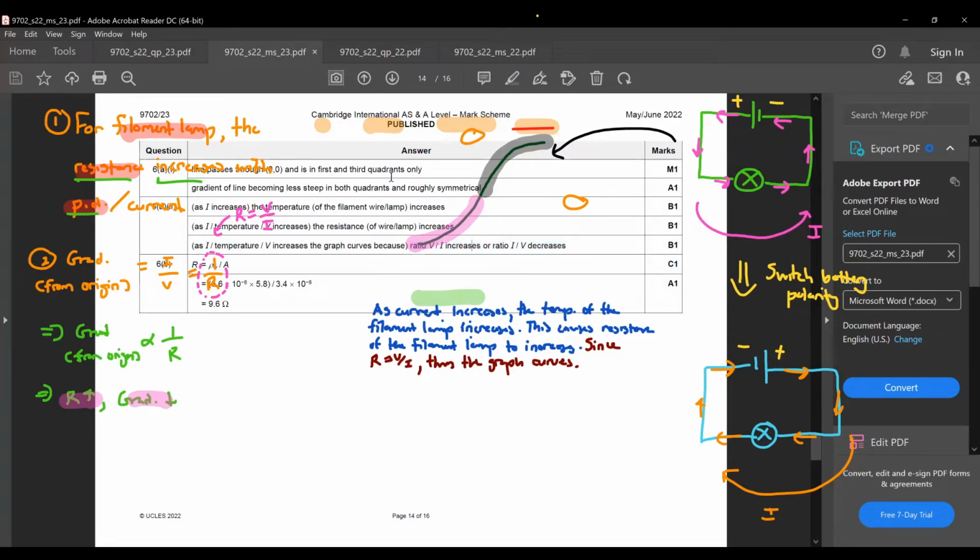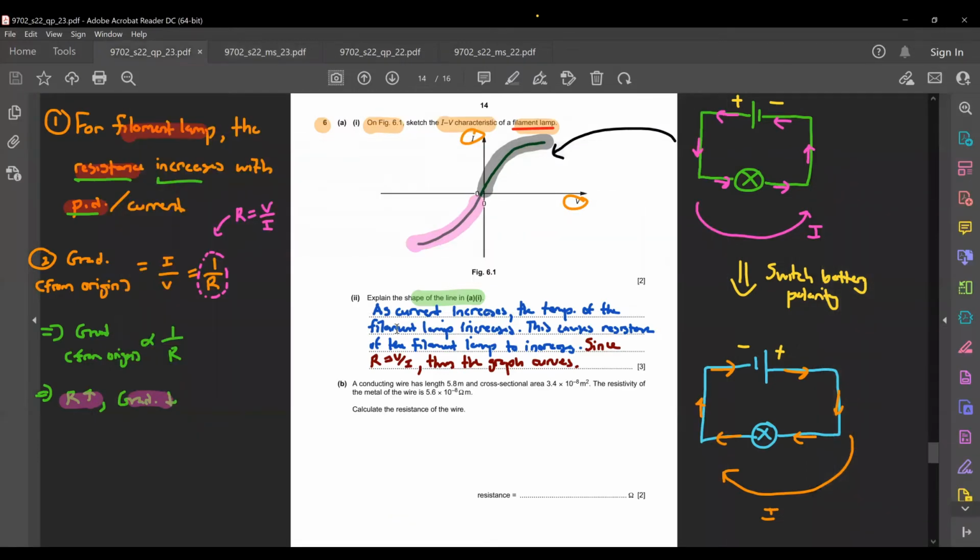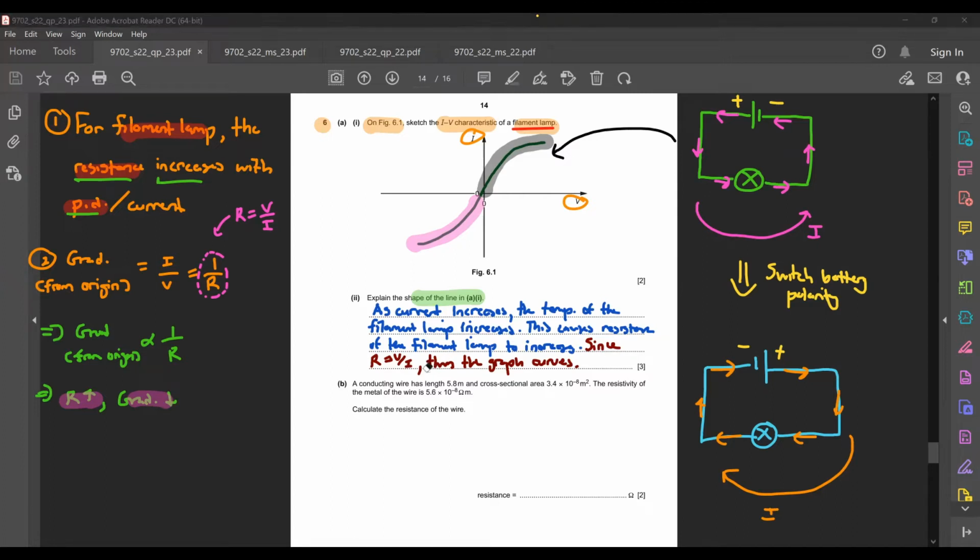Okay, let's just write this inside. Since R is equal to V over I, wait, now let me just rewrite this answer here. Just give me a moment.